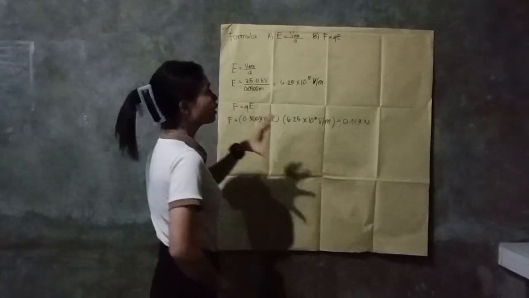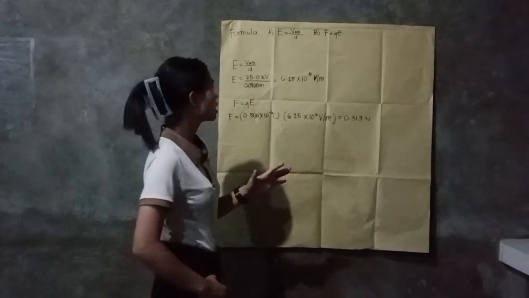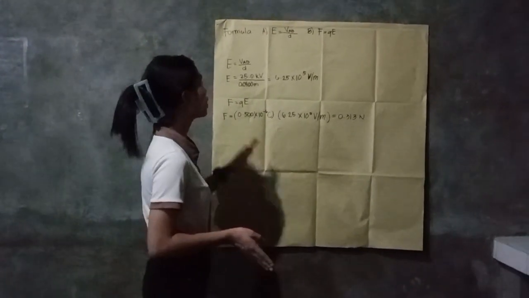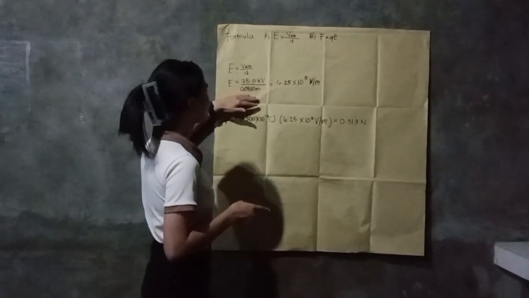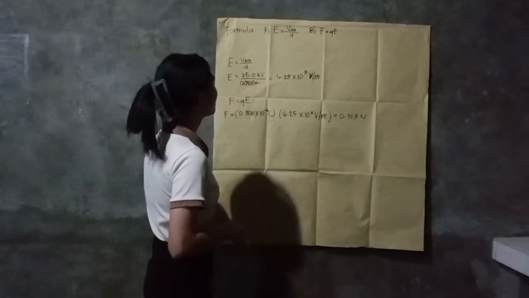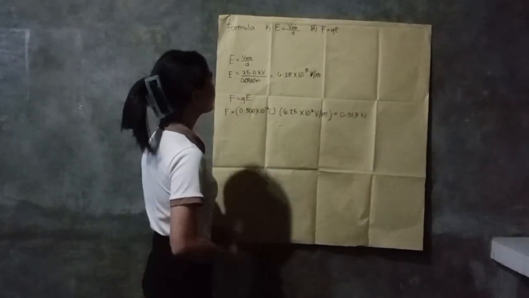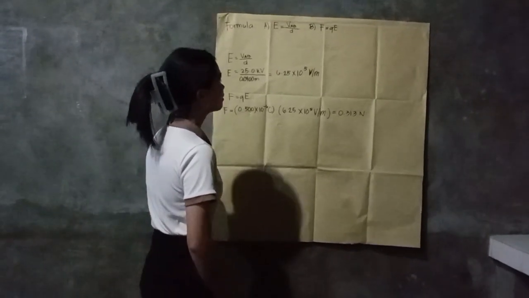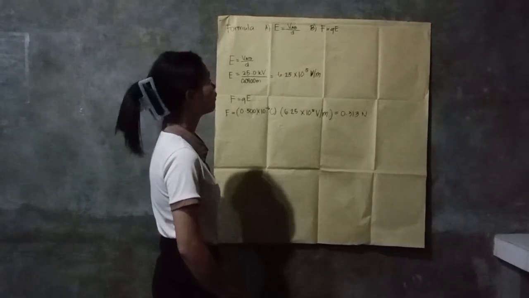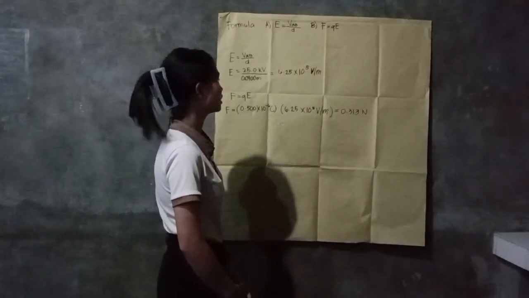The 4.00 centimeters, we convert into meters, so it becomes 0.0400 meter. 25.0 kilovolts over 0.0400 meter is equal to 6.25 times 10 raised to 5 volts per meter.